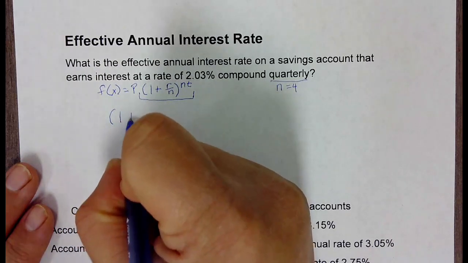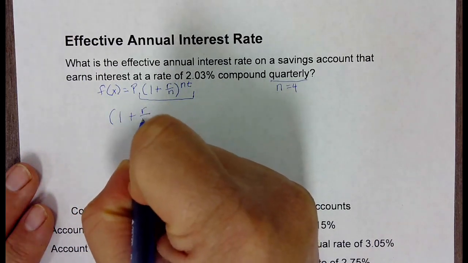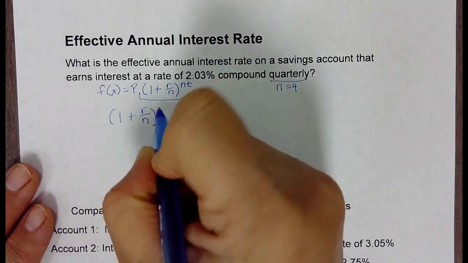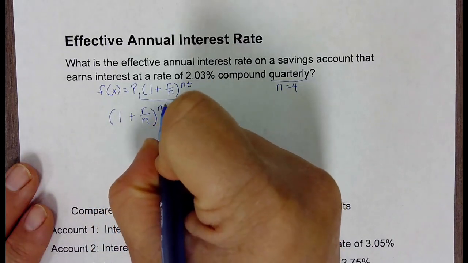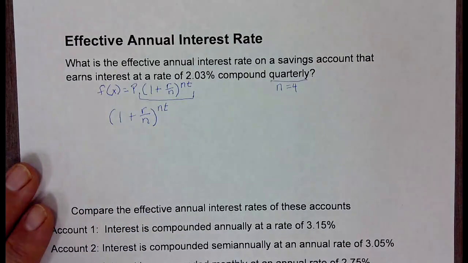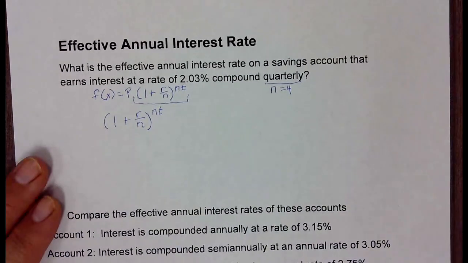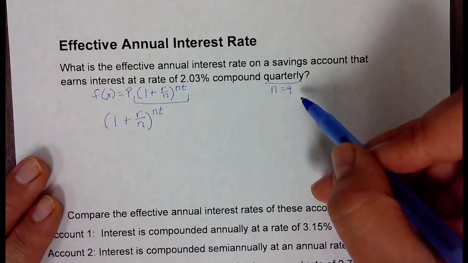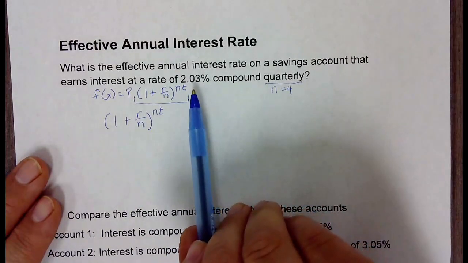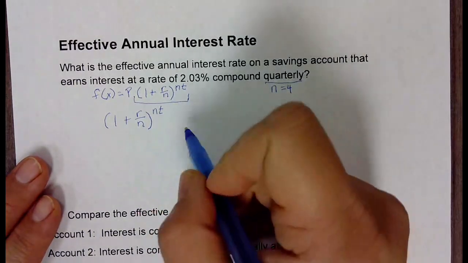So I have 1 plus the rate divided by the number of compounding periods to the power of number of compounding periods times t. In this case, I know it's compounding quarterly, and I also know the rate that it's compounding.